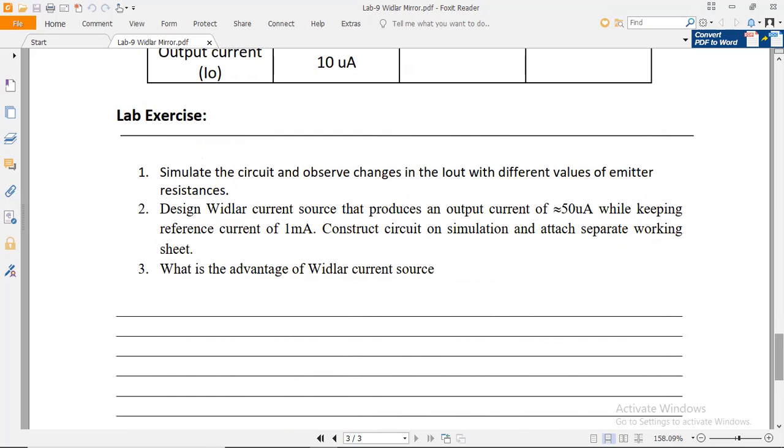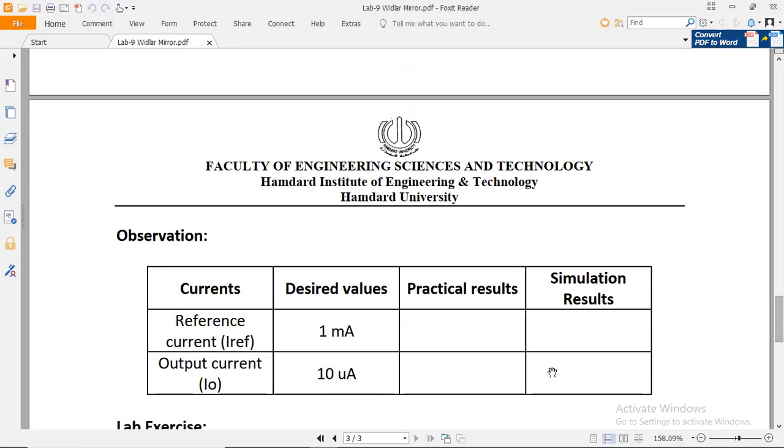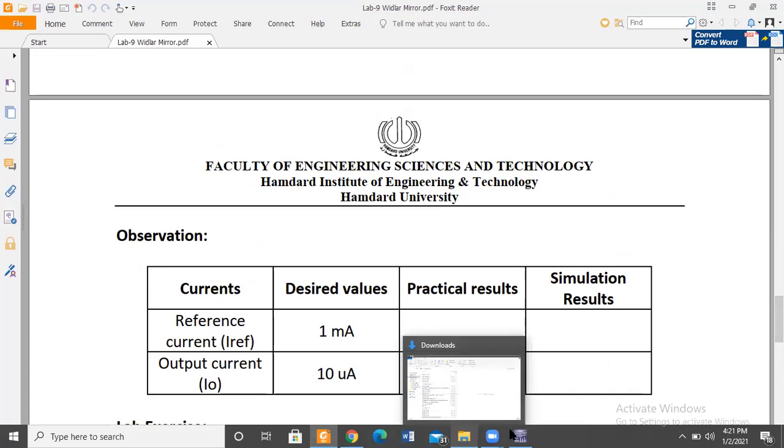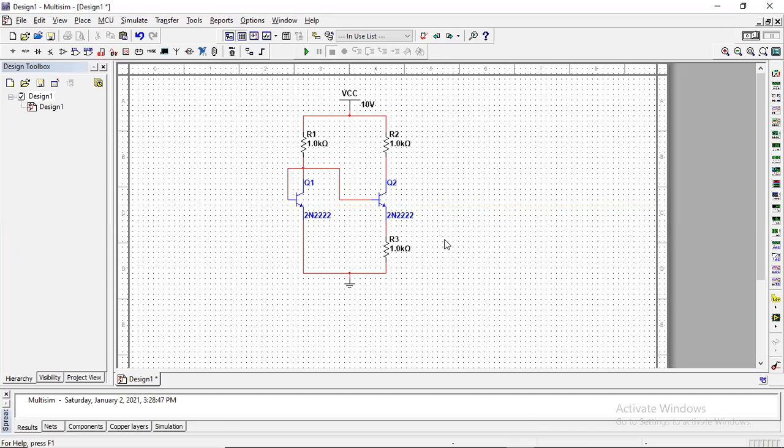So I'm going to measure the resistances and the output. Here only the input and output current column has to be filled. So for this purpose, how can I measure the input and output current? Can anyone tell me how I can measure input and output current?